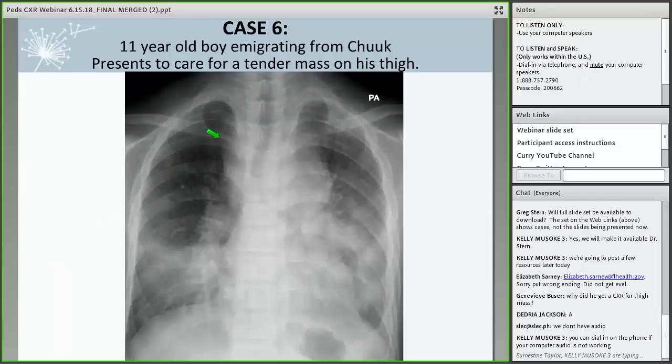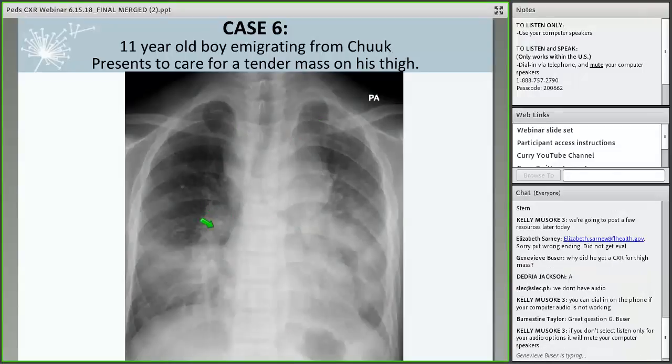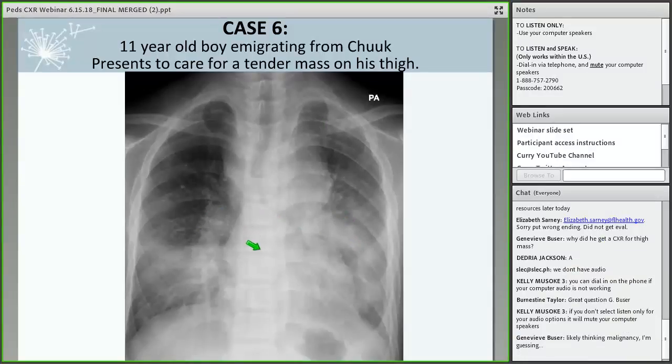So look at the trachea and look at the cardiomediastinal silhouette. In this case, of an 11-year-old boy, the upper mediastinum should be fairly narrow. And you can see that there is bulbous tissue expanding from the mediastinum. In the hilar region, again, the vessels are very bulbous as well, suggesting adenopathy.